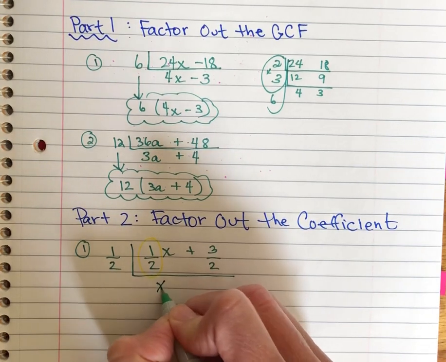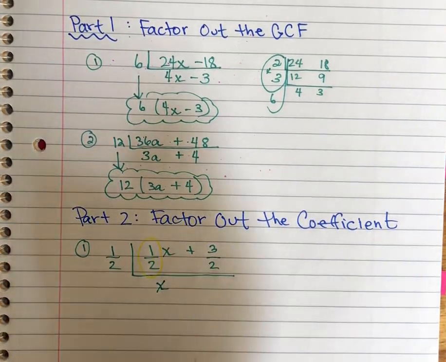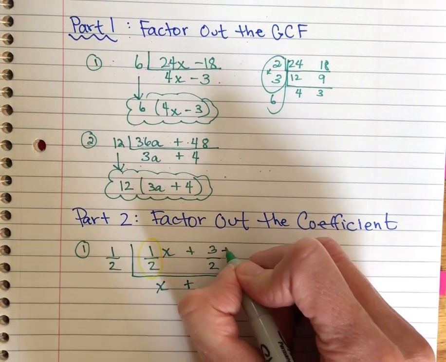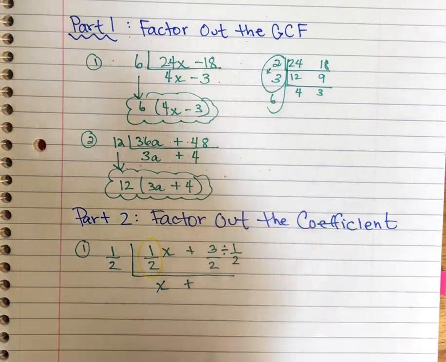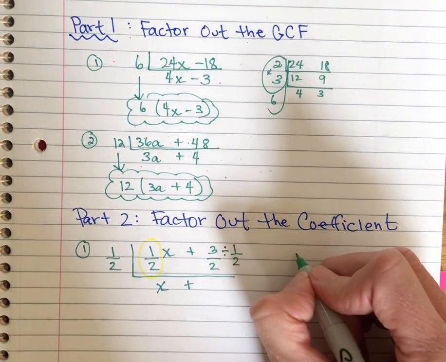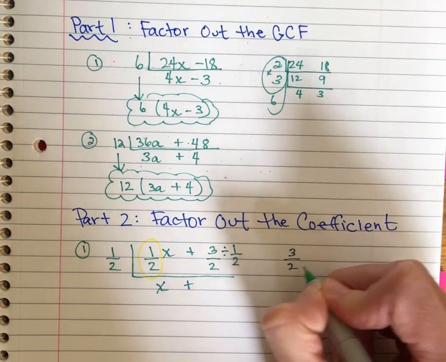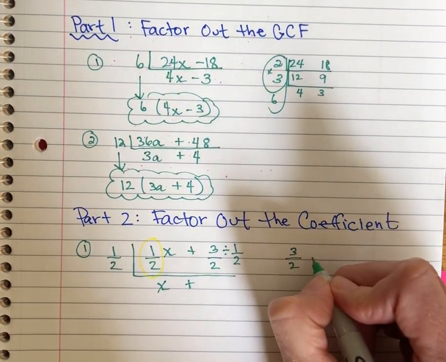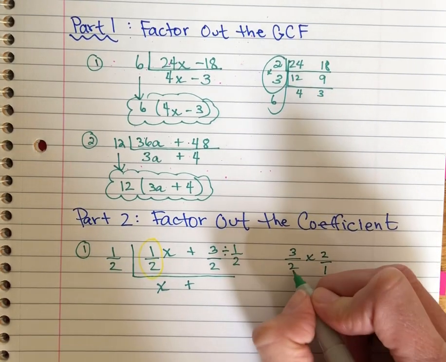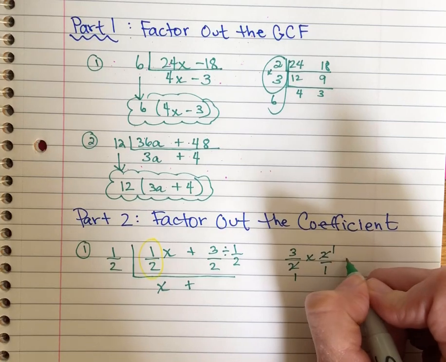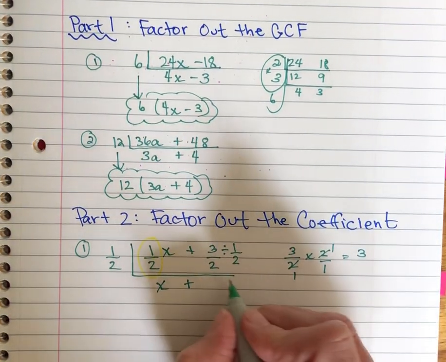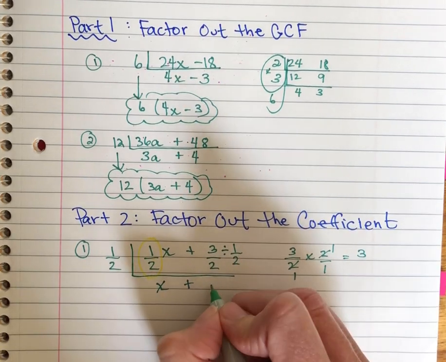Or just x. You can have a 1x, that's fine. Drop down the addition. Remember, factor means to divide, so we have to factor out a 1/2 from 3/2. You might be able to do that mentally. If not, you'll work it out off to the side. Division changes to multiplication. 1/2 changes into 2/1. I can reduce these, multiply straight across, and I get 3. So 3/2 factored out 1/2 is 3.